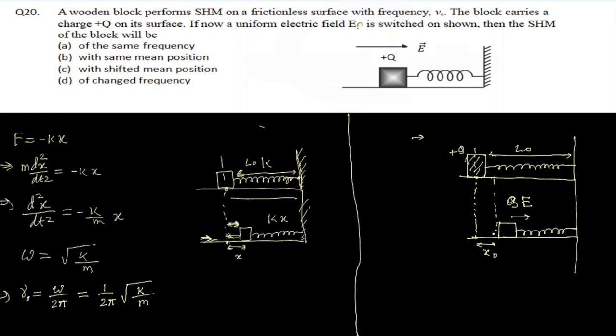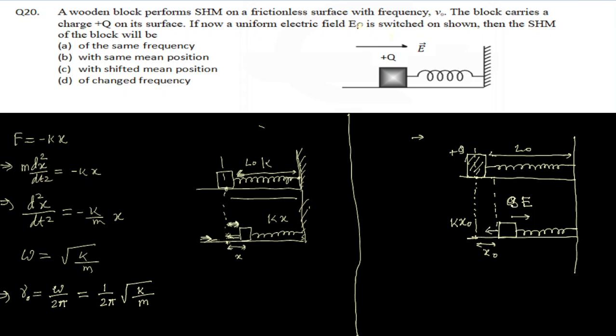So the spring will be compressed by this length x0. Because of that, there will be a force on the block towards the left, and that force will be K into x0. Now these two forces are opposite to each other.